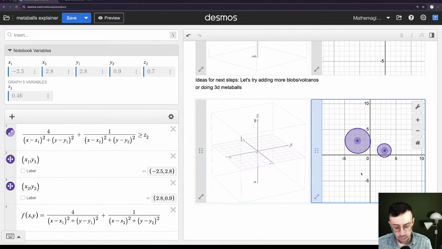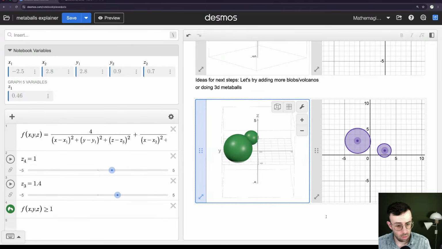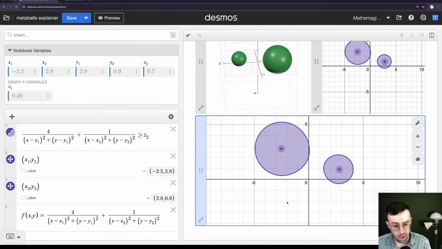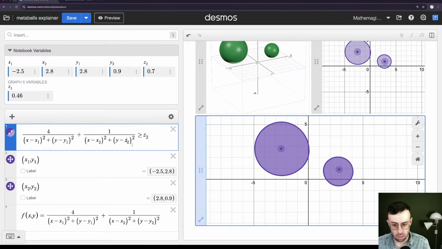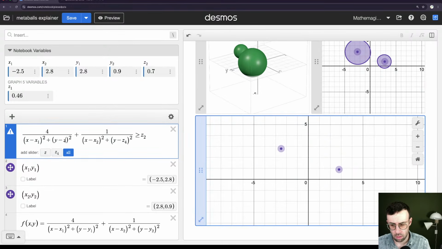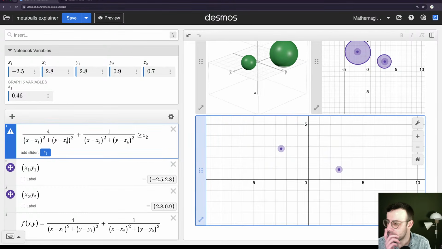So your idea is to copy this graph, but instead of... you said XZ. No, that doesn't make sense.